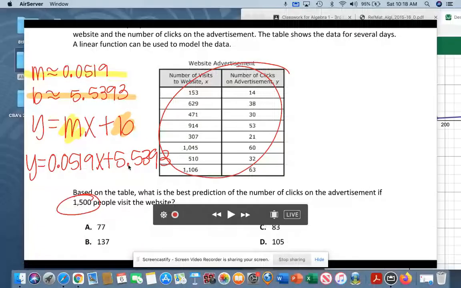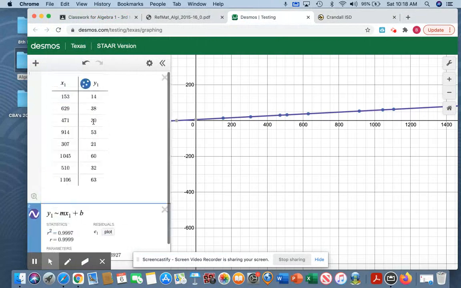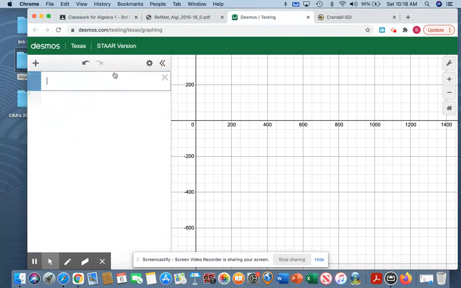I'm going to plug this into Desmos. Y equals 0.0519x plus 5.5393-ish. So it gives you this line.